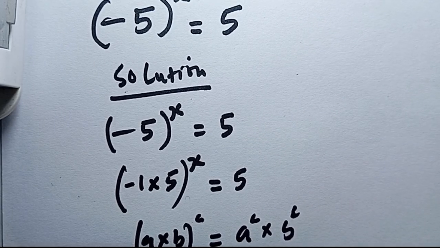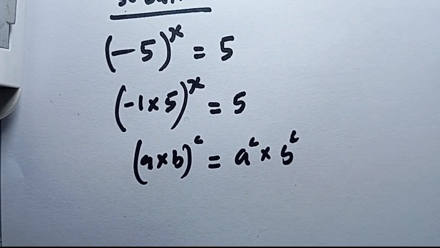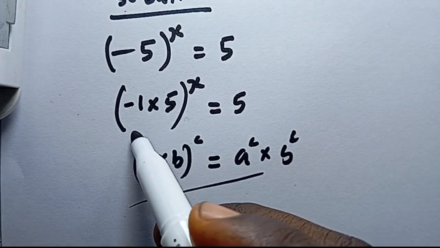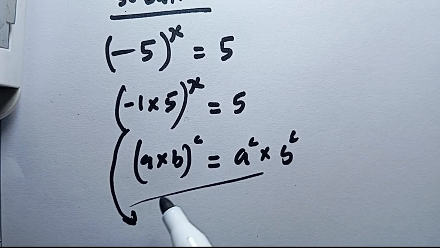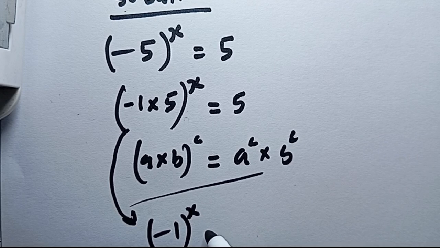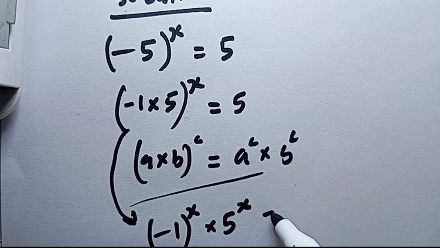Okay, so if I utilize this property over here, this stuff is actually going to change to minus 1 raised to power x and then multiply by 5 raised to power x is equal to 5.